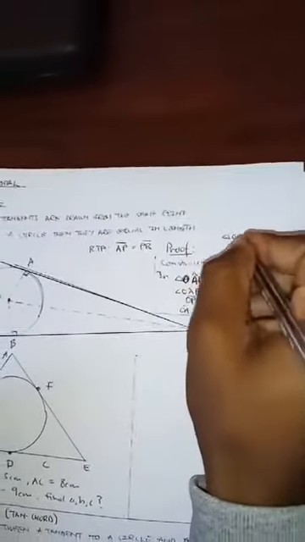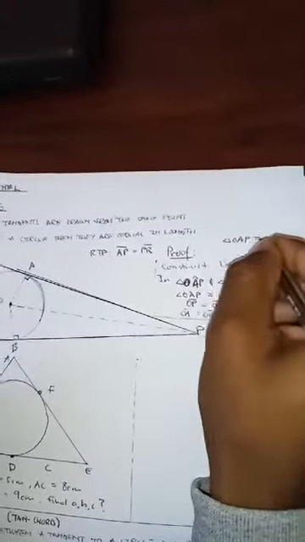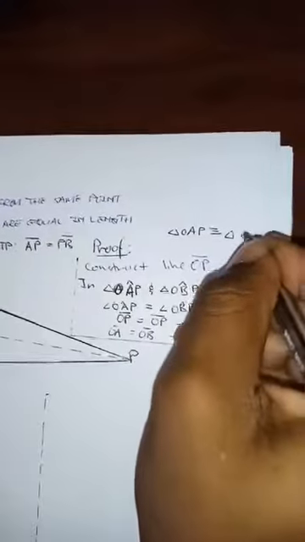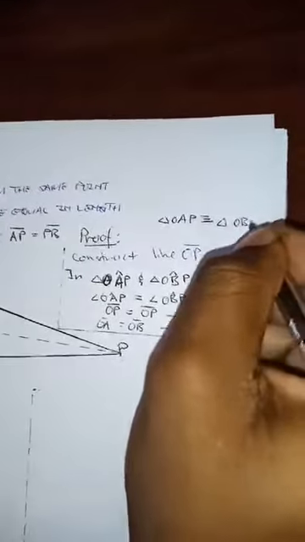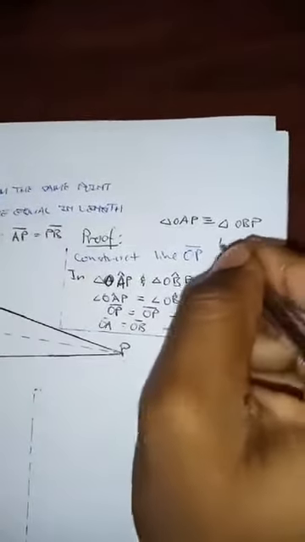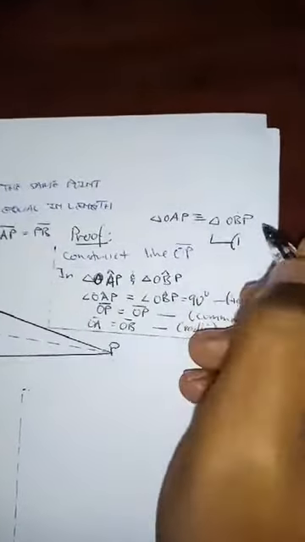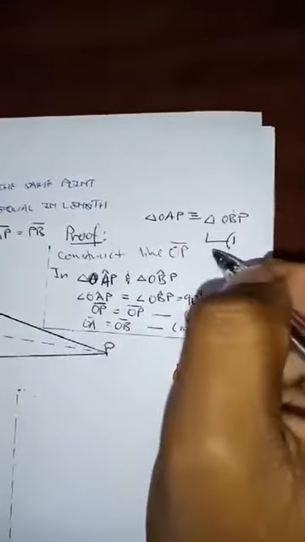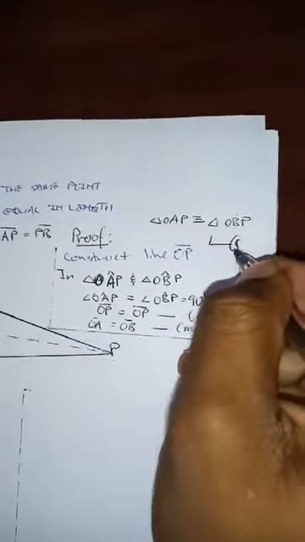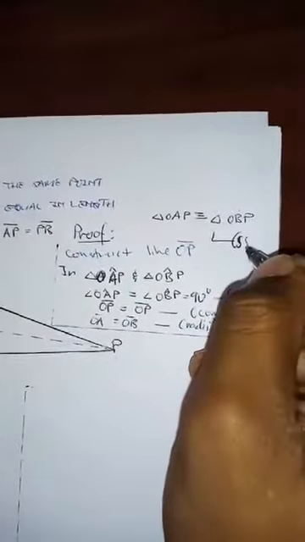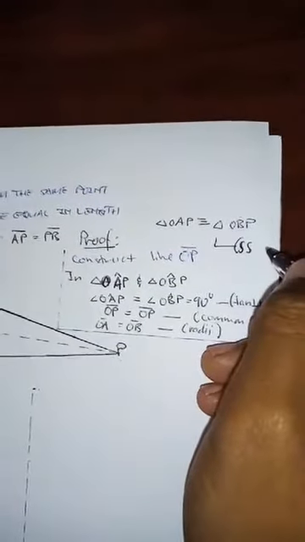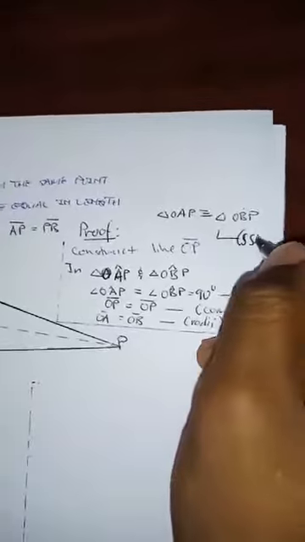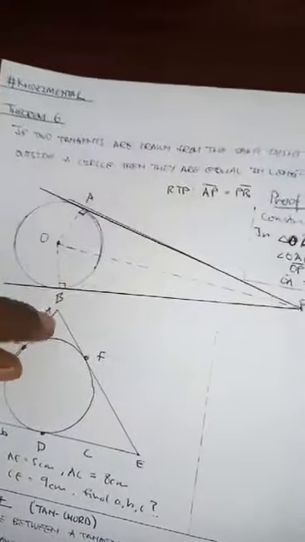So these two triangles, triangle OAP should be congruent. This is how we write the symbol for congruence to triangle OBP. And what's the reason for that? You can say there's a common side being equal, and there's another side which is equal, which are the radii, and you have an angle which is 90 degrees, the one which is formed between a tangent and a radius.